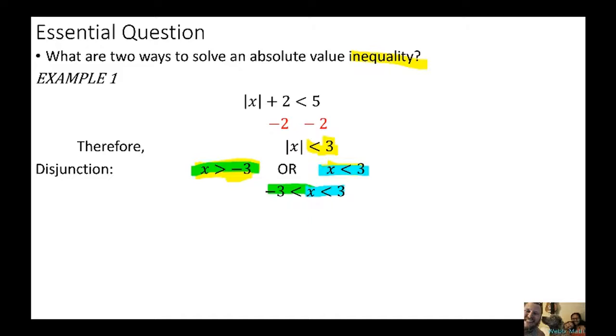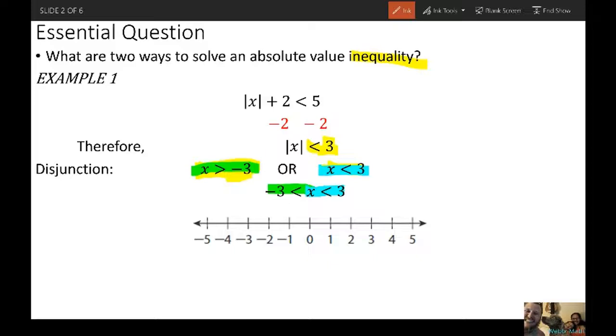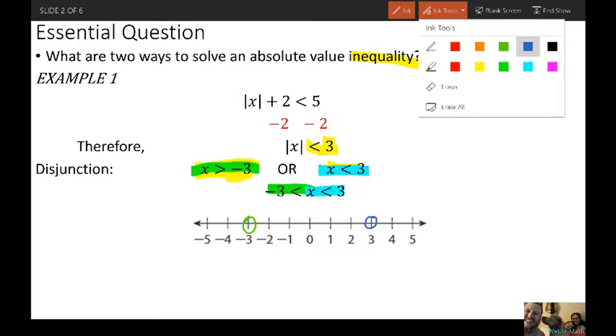Now, when you graph, you're going to come across a number line, and x is greater than negative 3. Notice how it doesn't say equal. If it doesn't say greater than or equal to, it's a hollow point. Now for the other one, x is less than 3, it doesn't exist at 3, but it gets right up to 3, but it doesn't touch.